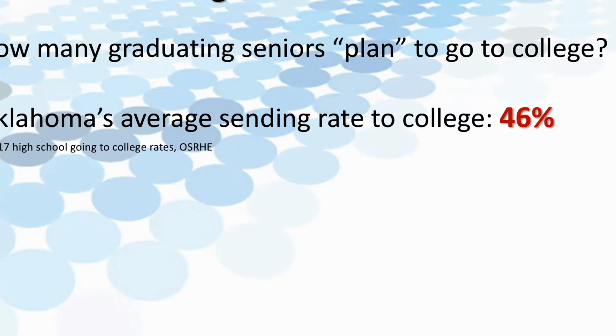And we know from college enrollment that number cuts almost in half for those that make it to their sophomore year. So we have a group of seniors that say they're going to college, they don't actually show, and for those that do show, only about half of them continue to make it.